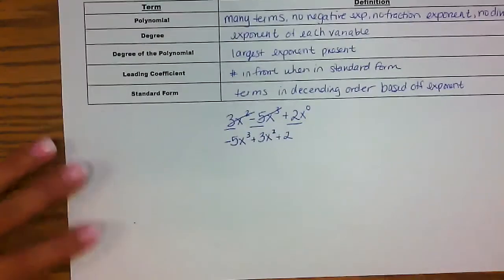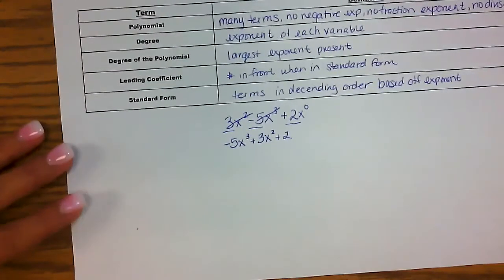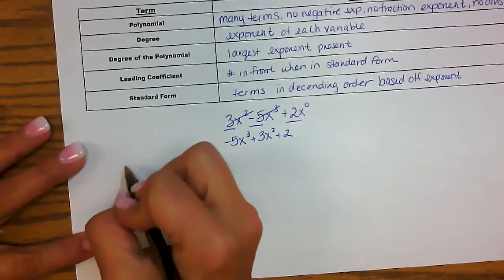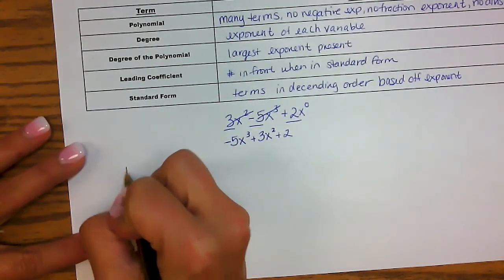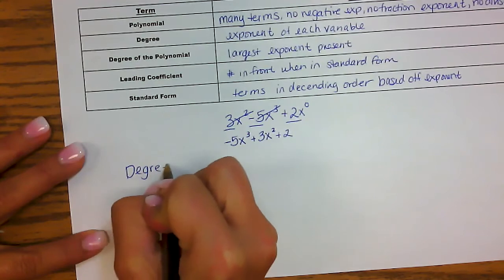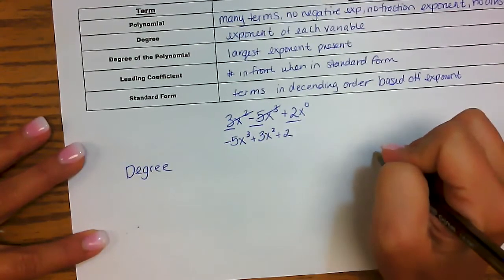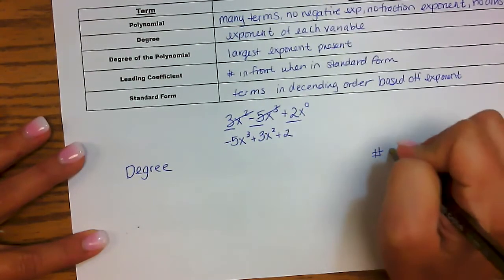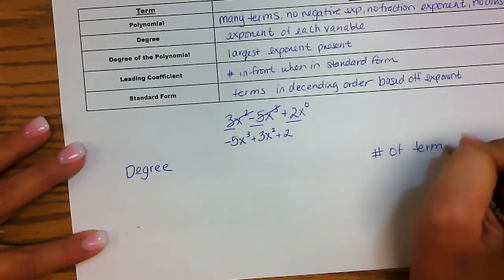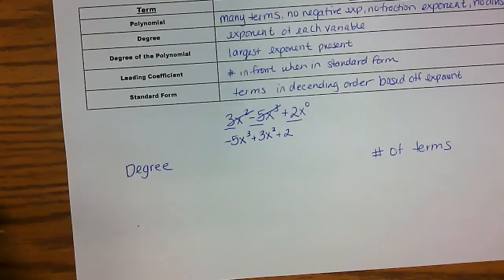Next, we can take polynomials and we can classify them by 2 different things. We can classify them by degree, and we can classify them by the number of terms. Okay, so let's start with a degree of 0.